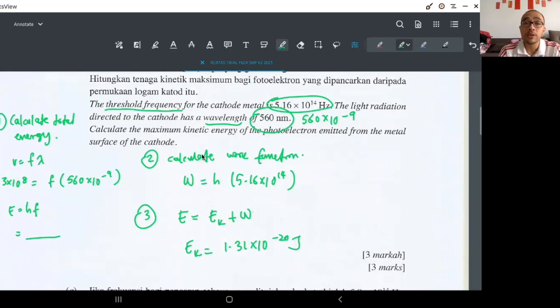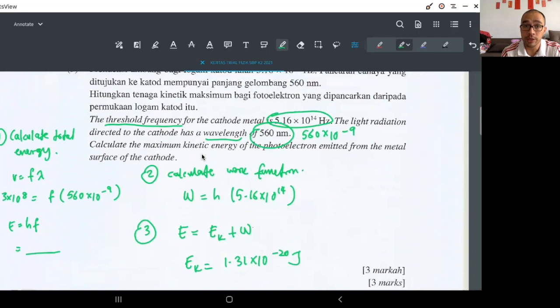Okay, so I know we haven't done much revision on this, but just to remind you that the equations in quantum physics are easy. It's just that you need to know which frequency to use in which part of Einstein's photoelectric theory equation.